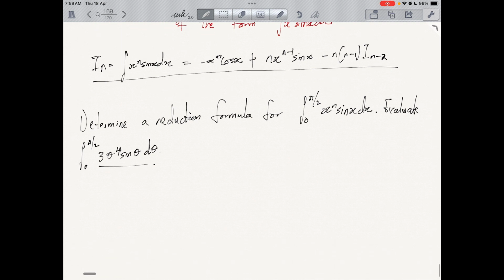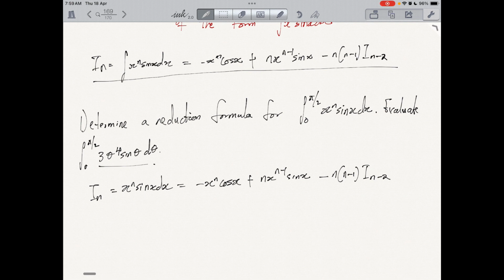So let's begin. We know that In is equal to the integral of x raised to the power n sin x dx, which is minus x raised to the power n cos x plus n x raised to the power n minus 1 sin x minus n into n minus 1 of I n minus 2.